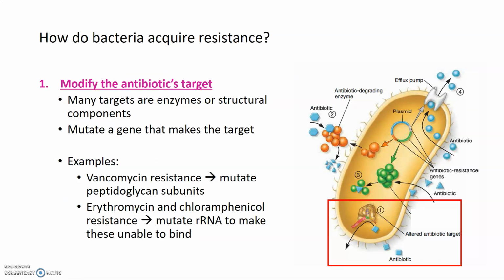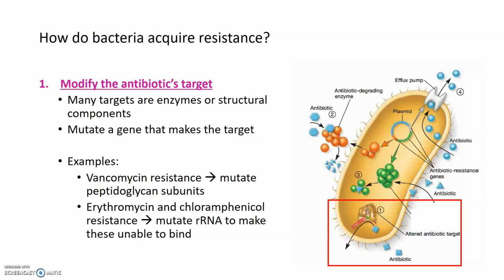And so bacteria can acquire resistance, and they have different types of mechanisms by which they are resistant to antibiotics. The first is modification of the antibiotic's target. Most antibiotics target enzymes in the bacteria or structural components such as the cell wall.